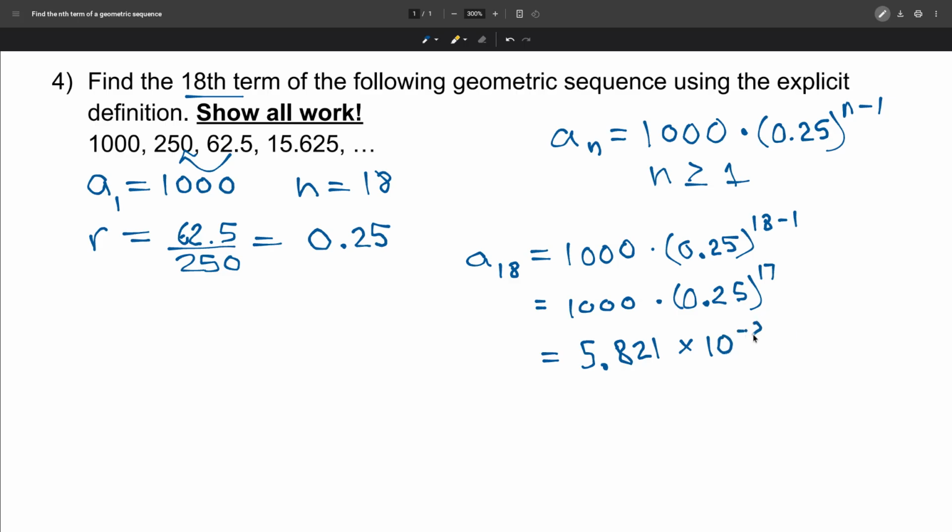That means we take the decimal place and move it 8 places to the left and fill in with zeros if we didn't write it in scientific notation. Okay, there we go. There's our solution for our last problem.